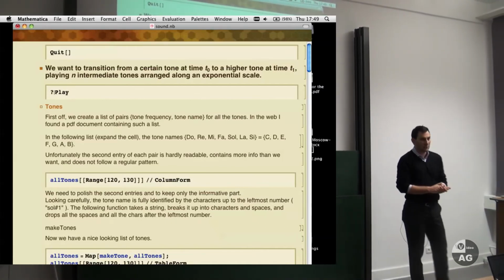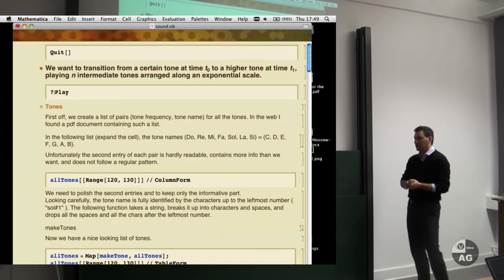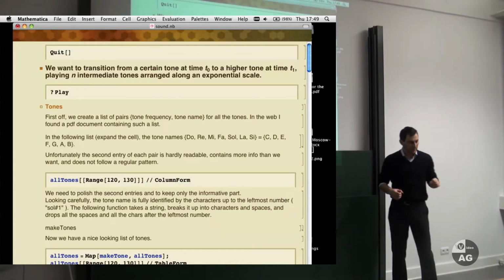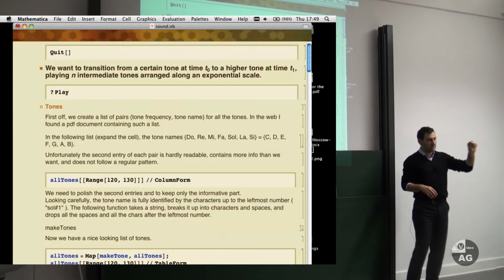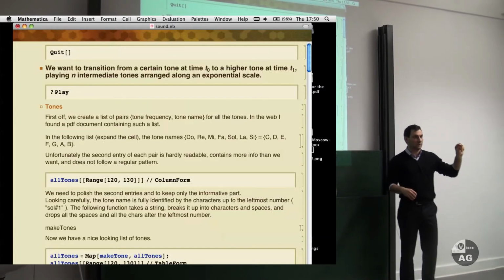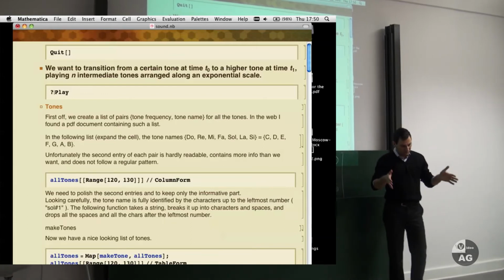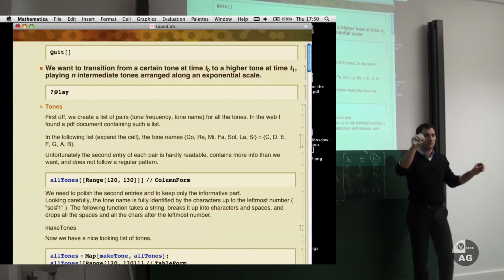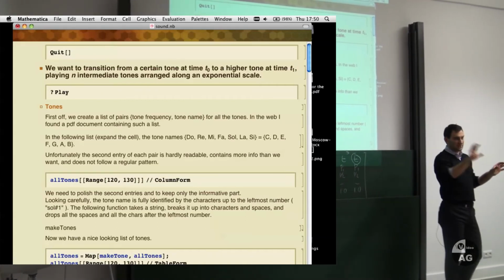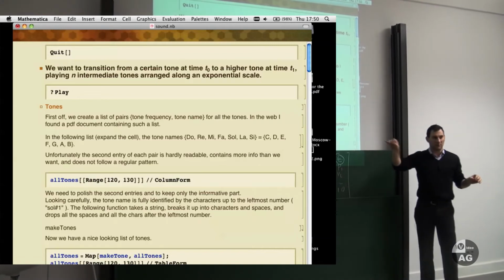So he called me and he explained to me what the problem was. Basically, he has a piece of music, a track, that ends at a certain note, a certain tone, and then after a few seconds of intermission, because the scene changes, a different piece of music starts describing a different scene of the movie.